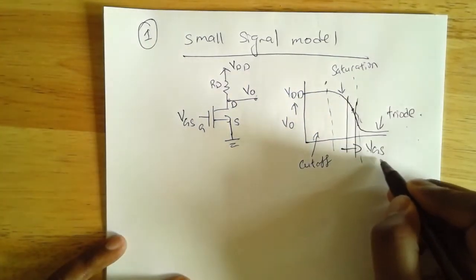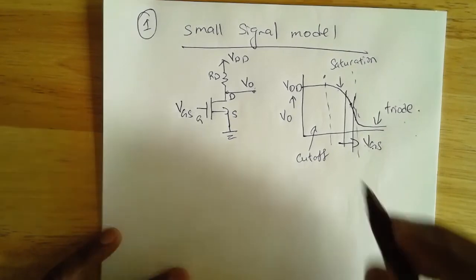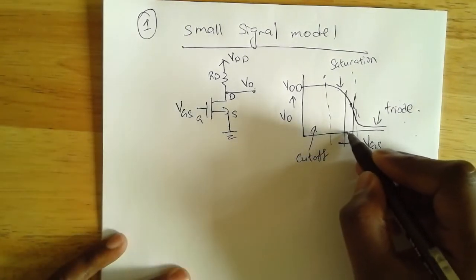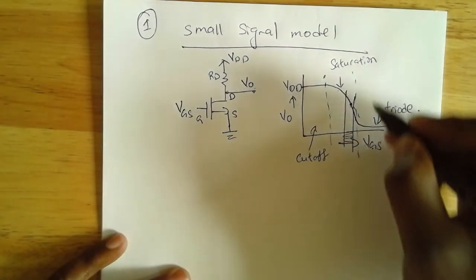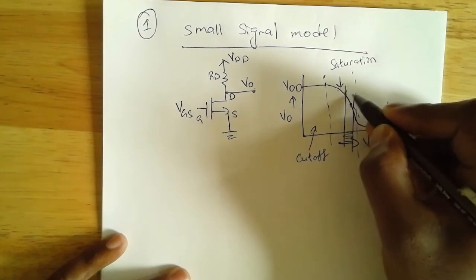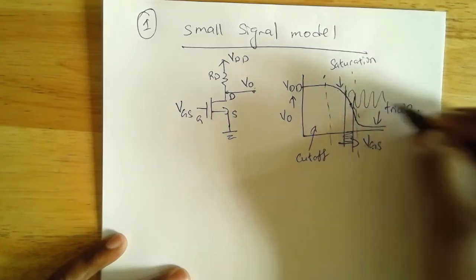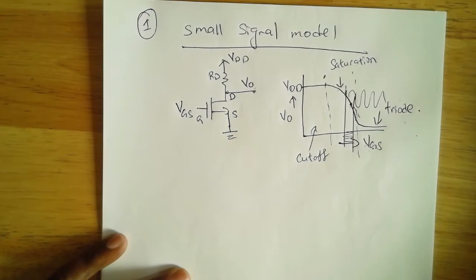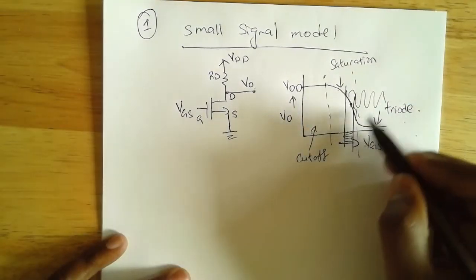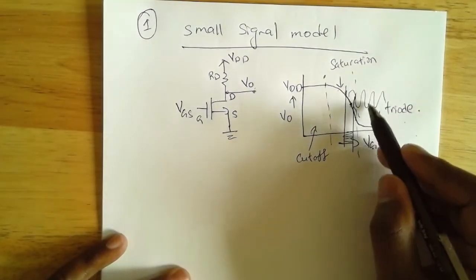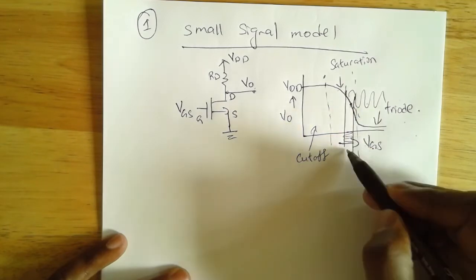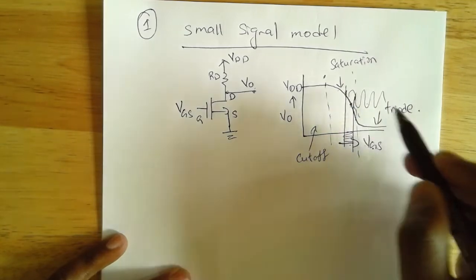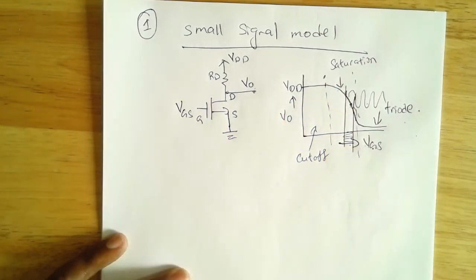That means we'll superimpose our AC input on VGS, such that if my VGS changes by small amounts, my VO changes by huge amounts. And the proportion by which my output relates to the input changes is equal to the slope of the tangent at that point.